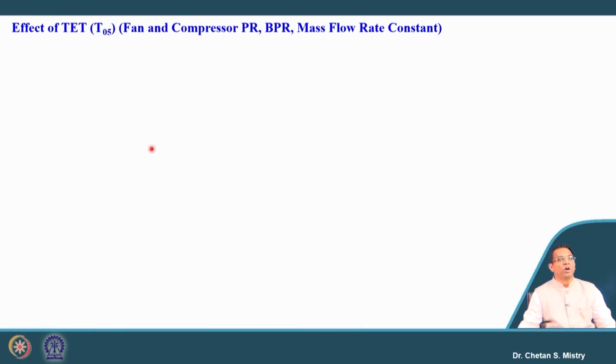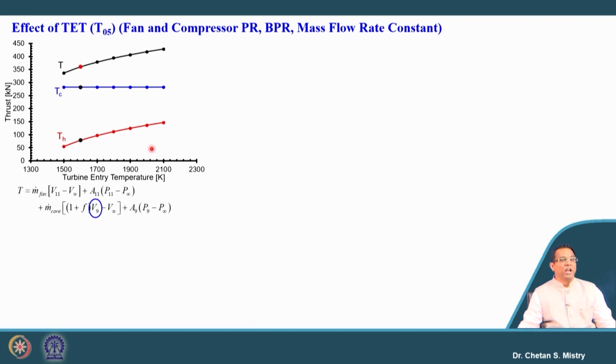So, we have our next parameter, turbine entry temperature, and for this it will not change my cold thrust, but with the increase of turbine entry temperature, my hot thrust will be increasing, and it will give a rise of total thrust or the net thrust.